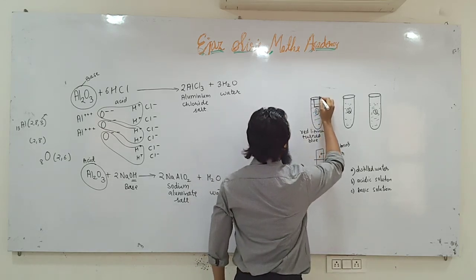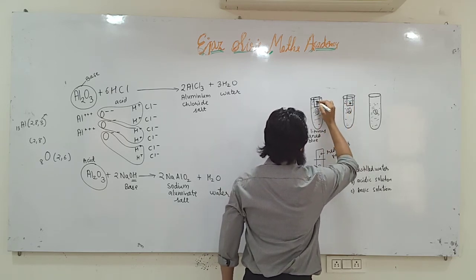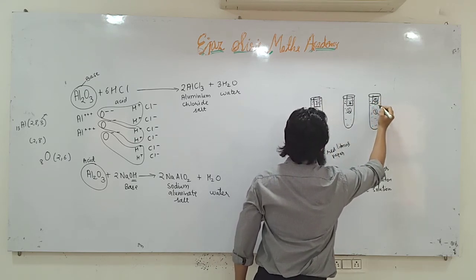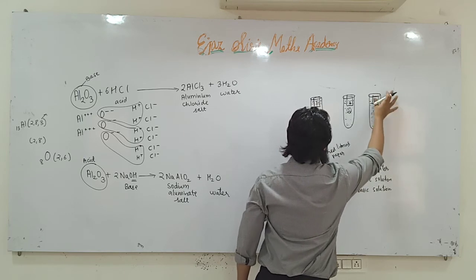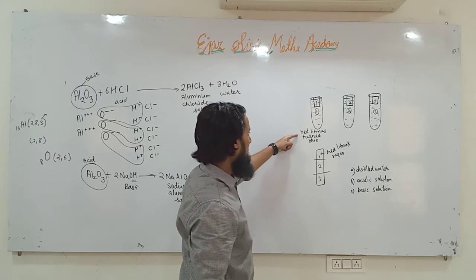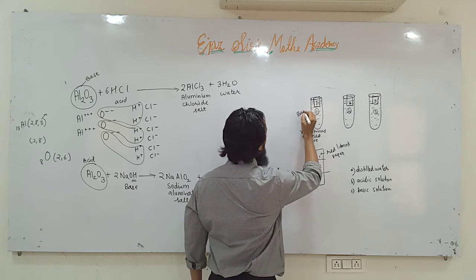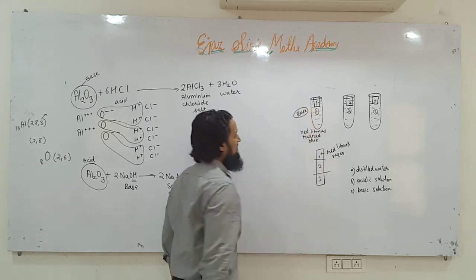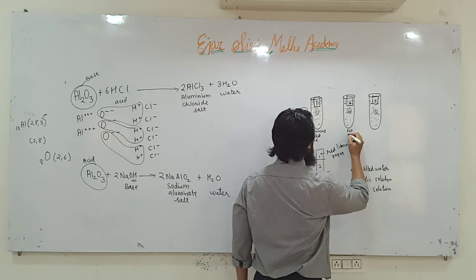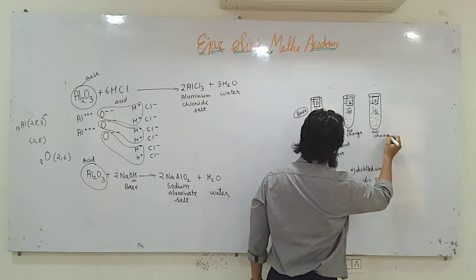Here the red litmus paper turned blue. It means it must be a base, because we know in a base red litmus turns blue, and here no change, and here also no change.